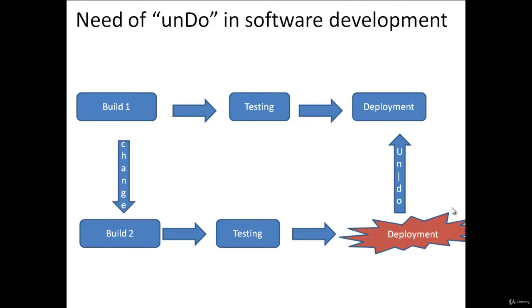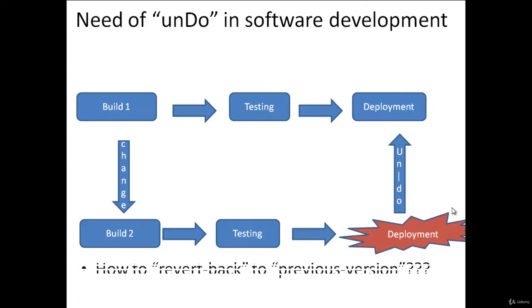But let's say there are 100 developers involved in implementing this feature, and this is a very big project. Then the real challenge comes when we need to undo any change, right? And this is where your version controlling system comes into place. It will let us revert back to the previous version.